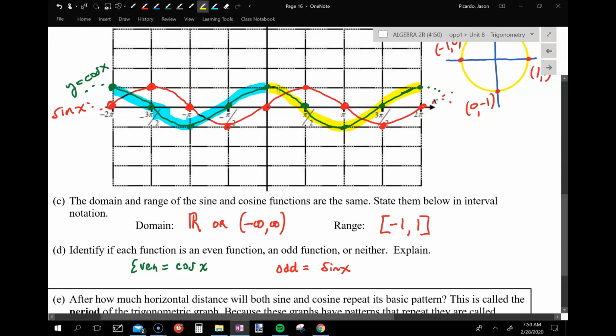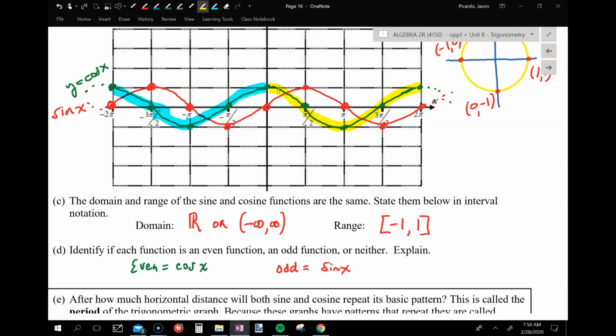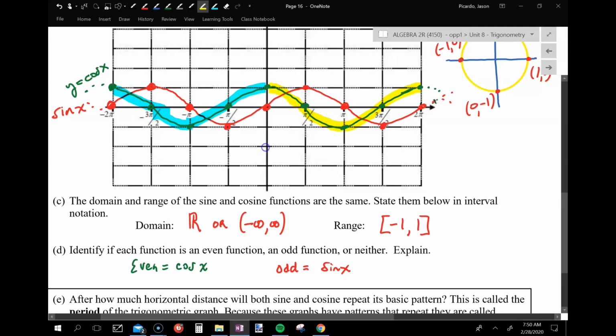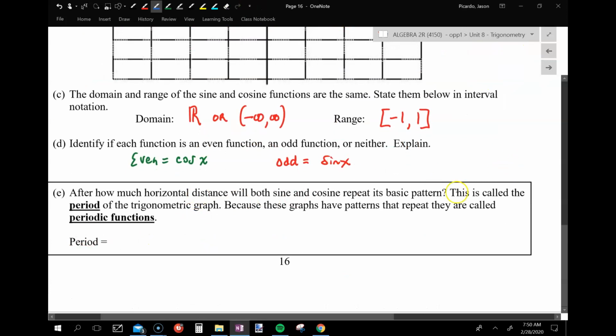Fair to say, right? So how long is one cycle of cosine? Still 2 pi, isn't it? Still took 2 pi. So for period length, period is how long it takes me to graph one pattern, and in this case it's 2 pi. The period is 2 pi.